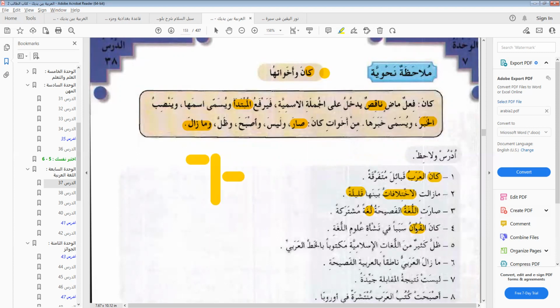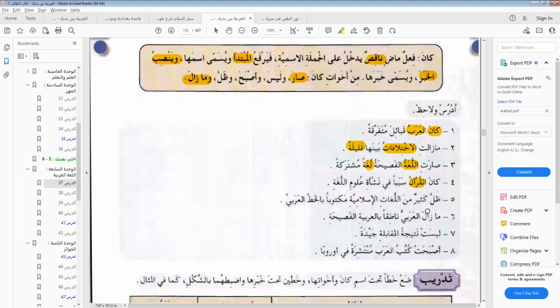Without the kana, it would have been al-Qur'anu sababun fi nash'ati ulum al-lugha. But because of kana, al-Qur'anu remains the same, but the sabab, instead of sababun, becomes sababan. That change from damma to fatha is what we call nasb. And that is why it says wa yansibu al-khabar, it gives the khabar nasb.